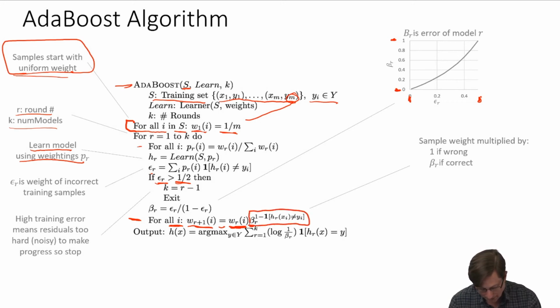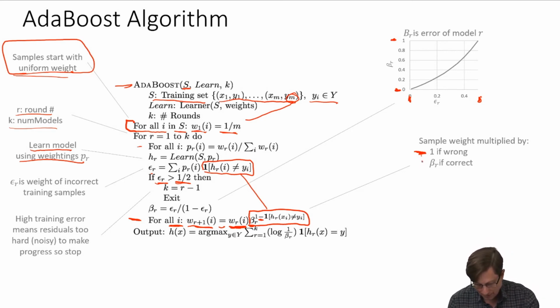And what does that mean? Notice the 1 minus this right here. What that translates to is that if you are wrong, you get beta to the 0, which is equal to 1. In that case, you keep the sample weight the same from the previous round. So every sample that the H_R got wrong, you keep its weight exactly the same.